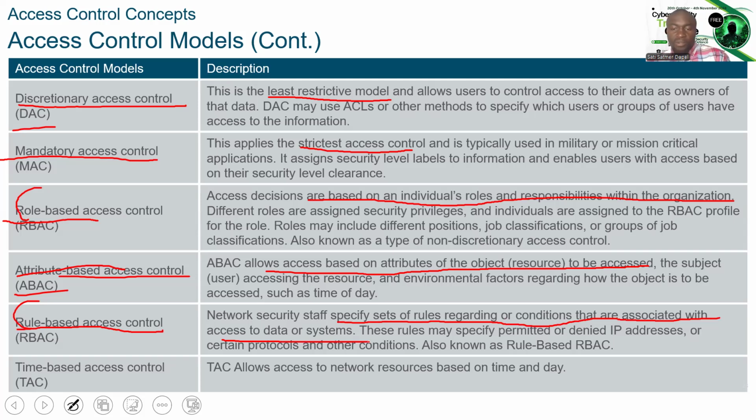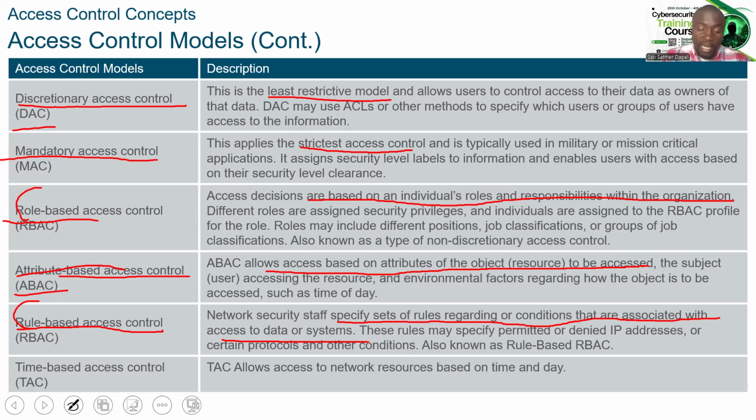These rules may specify permitted or denied addresses or certain protocols and other conditions. Now, in this, you could say that staff on level 1 or 2 cannot access files that are of clearance level 10 or level 5.